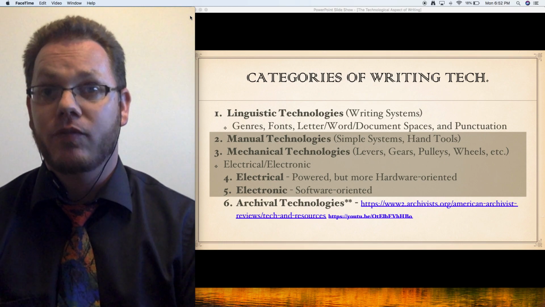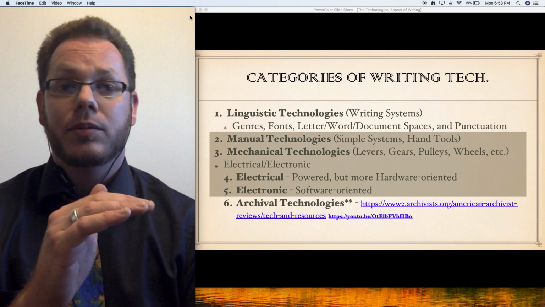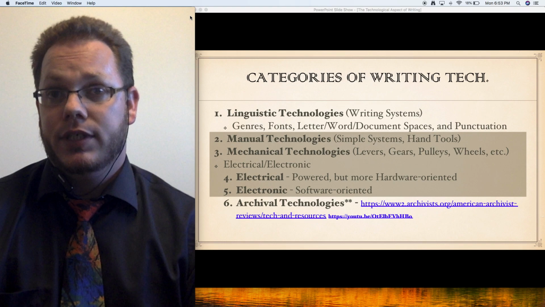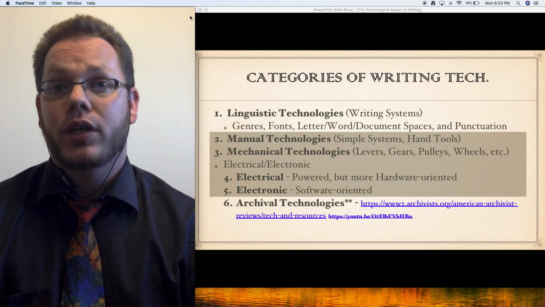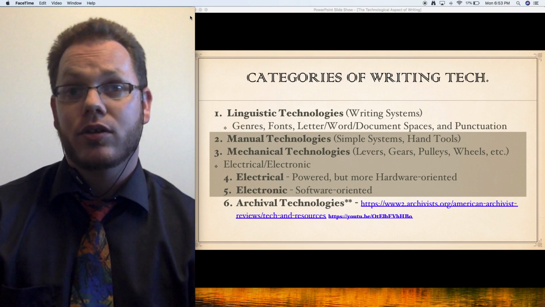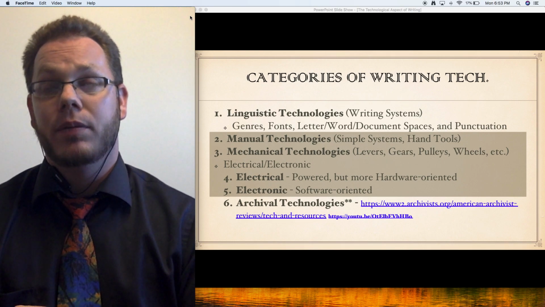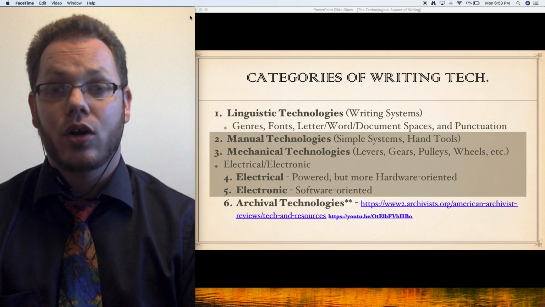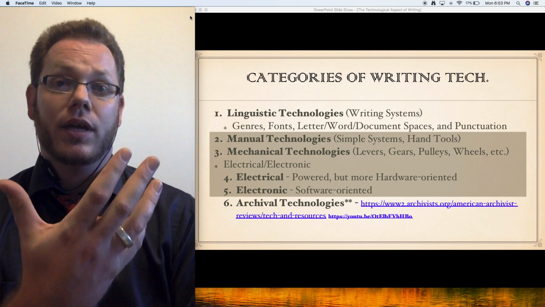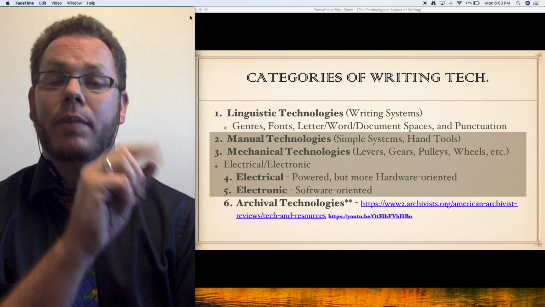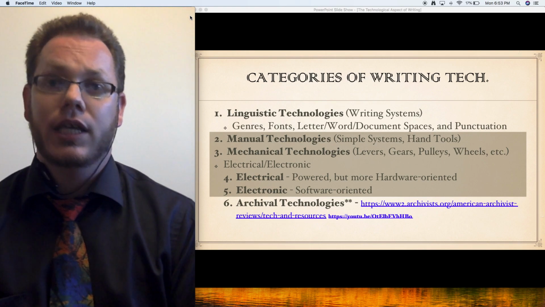So these sorts of things can be fun to think about. Data tables and stuff might be considered archival technologies. All kinds of fun stuff. I had one, linguistic technologies might be considered Braille, or I had one student do an amazing essay on the Nemeth code, which was kind of a Braille, a linguistic system for mathematicians that connected to Braille.